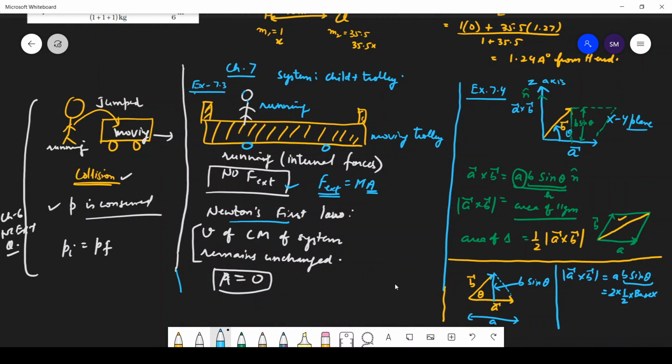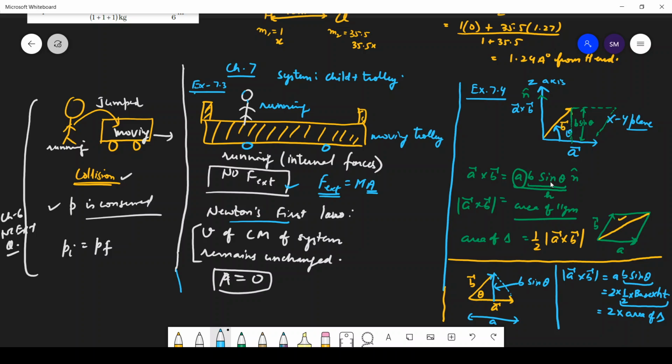So that's the area of the triangle, and this is twice the area of the triangle.